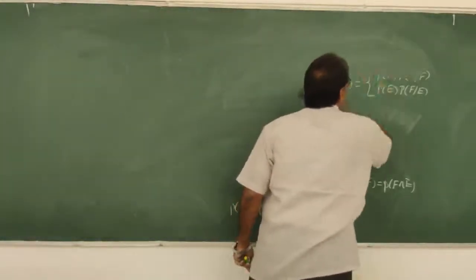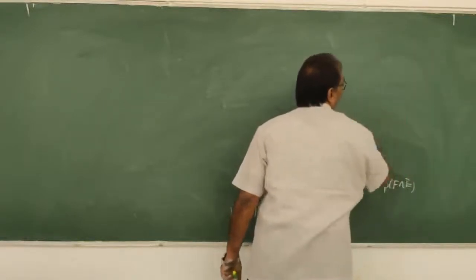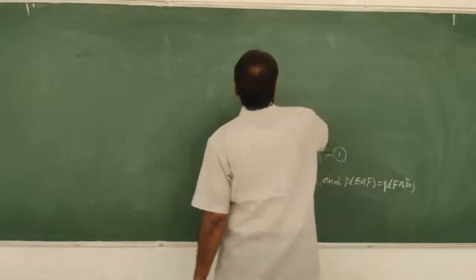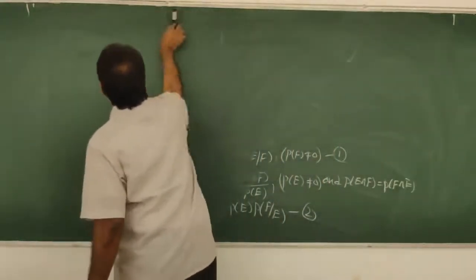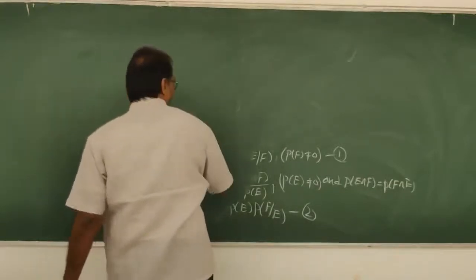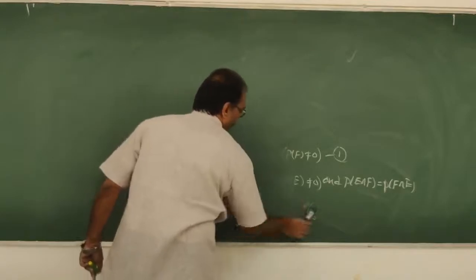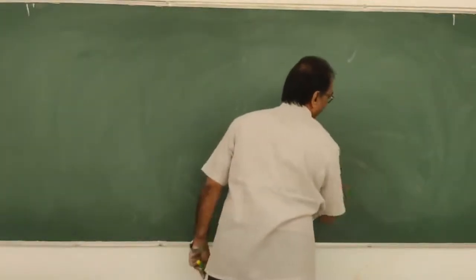It's not like that. See, the theorem for n of A union B says n of A union B is equal to n of A plus n of B minus n of A intersection B. This will be continued for n of A union B union C also. Here also it is the same.